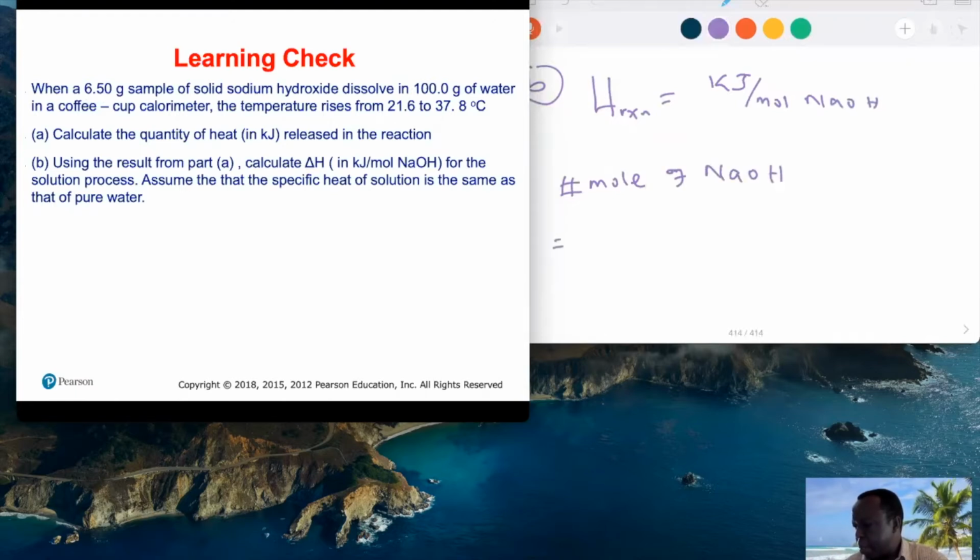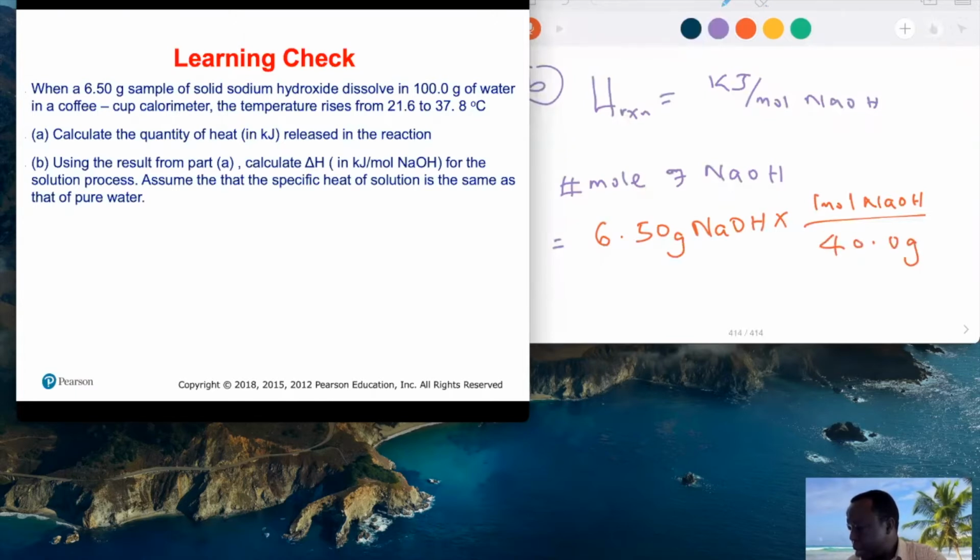The number of moles of NaOH is given by 6.50 grams of NaOH times the molar mass. 1 mole of NaOH weighs around 40.0 grams. Let's just use approximate values.